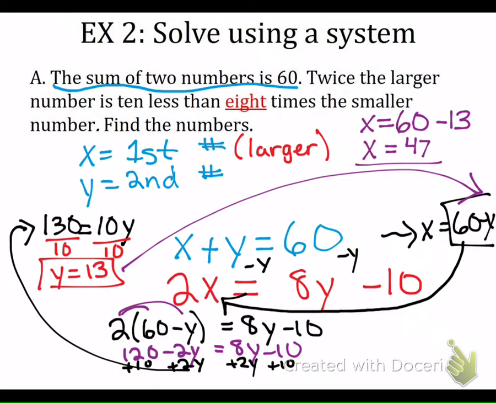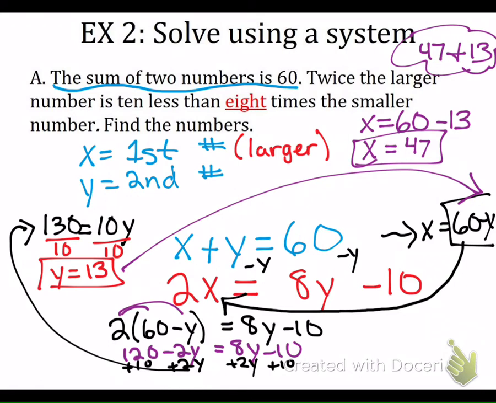Very good. Now, if you want to list this one as an ordered pair, that's fine. Since it didn't really specify that these are X's and Y's, I'd probably just list them as 2 numbers.